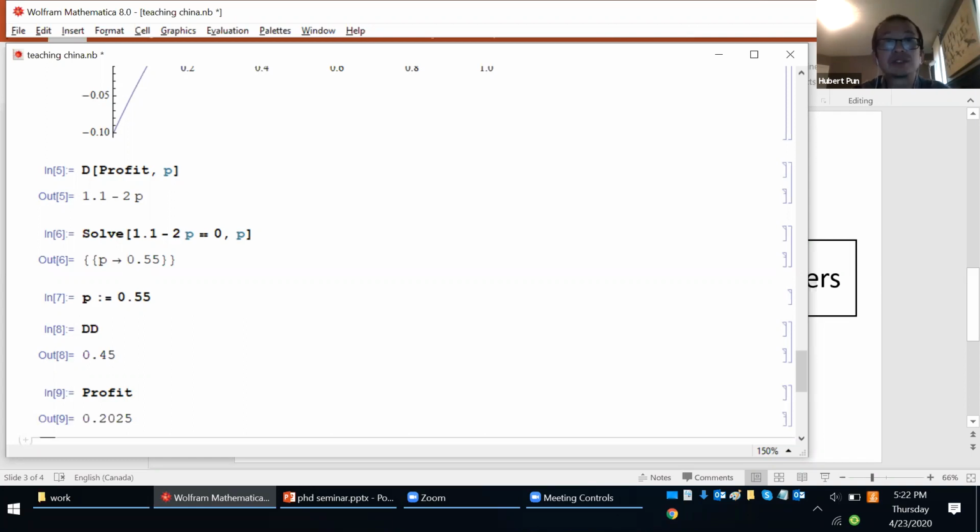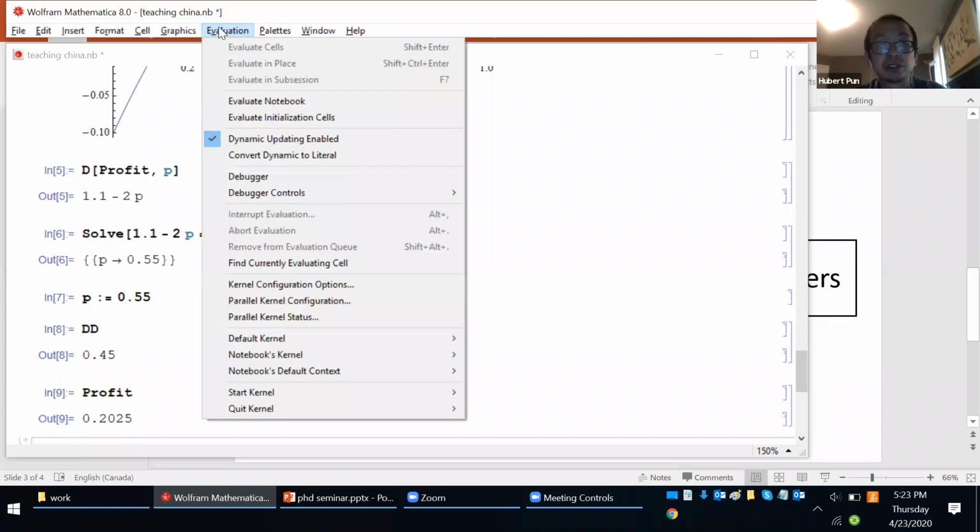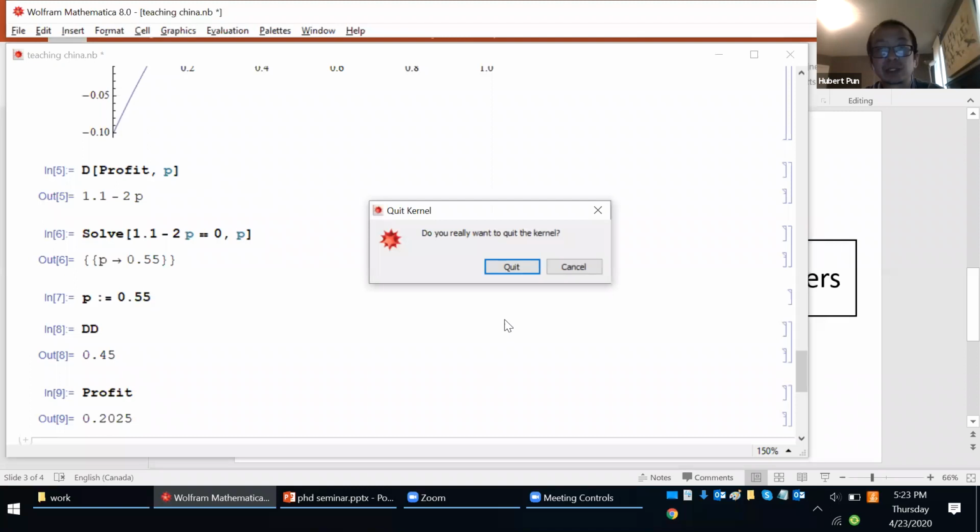So what we need to do right now is to erase the definition of P and also profit and demand. So to do it, I go to Evaluation inside Mathematica. Then there's Quit Kernel. Inside Quit Kernel, I click Local.